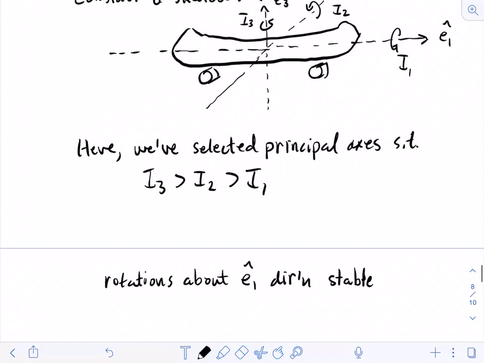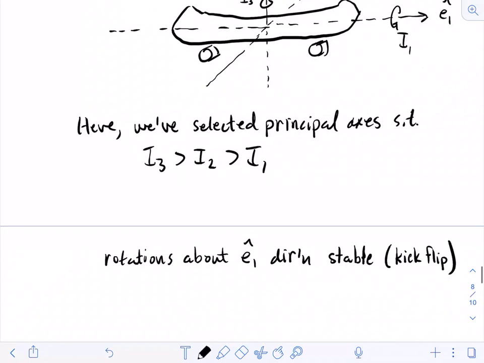So for skateboarders, one of the things they try to do is the kickflip, and that's a rotation about the axis with the smallest rotational inertia, and that's stable. Okay, so a rotation about the E3 hat direction is also stable, and I'm sure there's a name for it. I have no idea what it is.